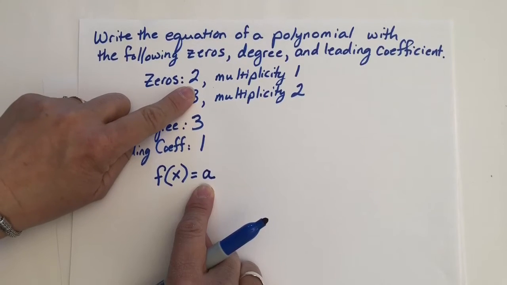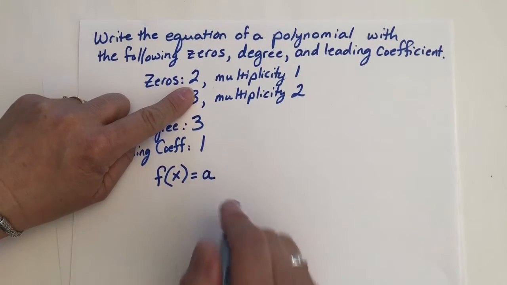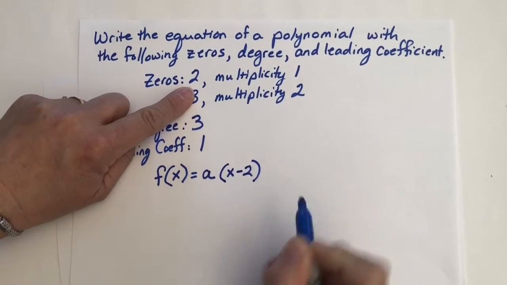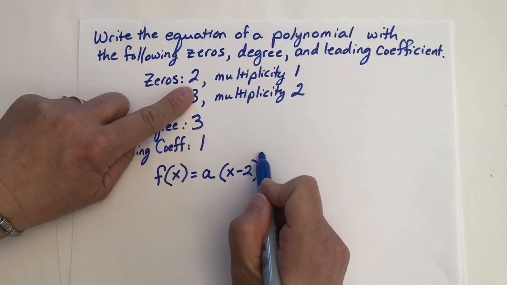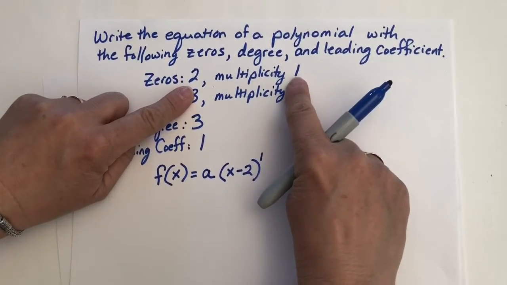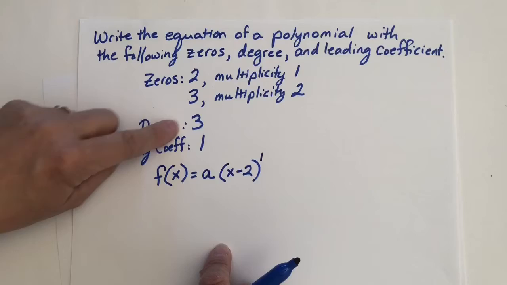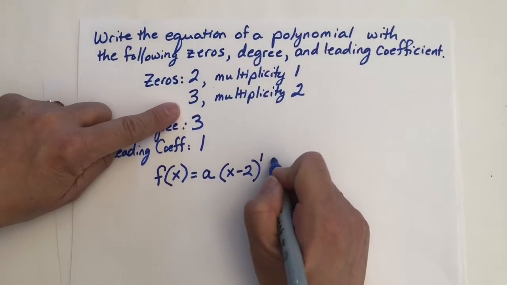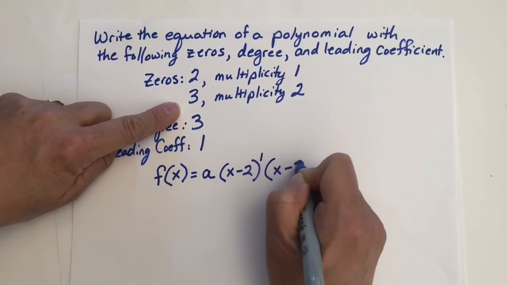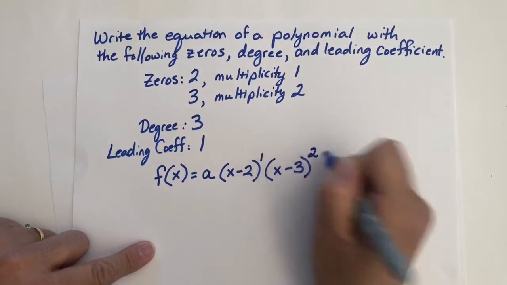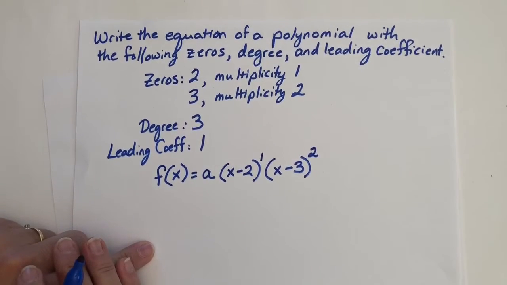If 2 is a 0 with multiplicity 1, that means x minus 2 is a factor just one time. I'm putting the 1 there for emphasis, but that's because the multiplicity is 1. If 3 is a 0 with multiplicity 2, it means x minus 3 is a factor twice. So we would have x minus 3 squared.